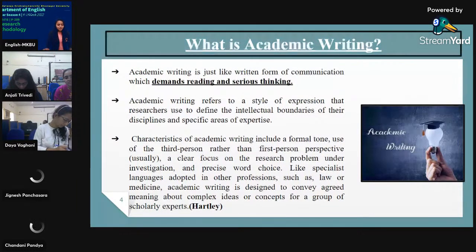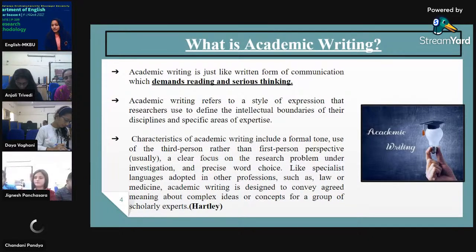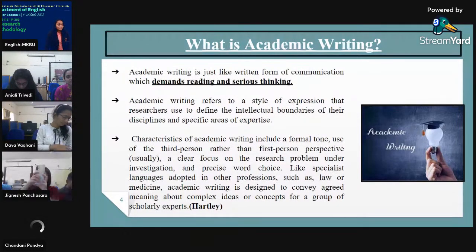And Hartley, in one of his works, talks about the characteristics of academic writing, and he says that there is a great need of word choice and language. Which kind of language we are using, and the concepts we are using for academic writing, should be very clear to the readers.